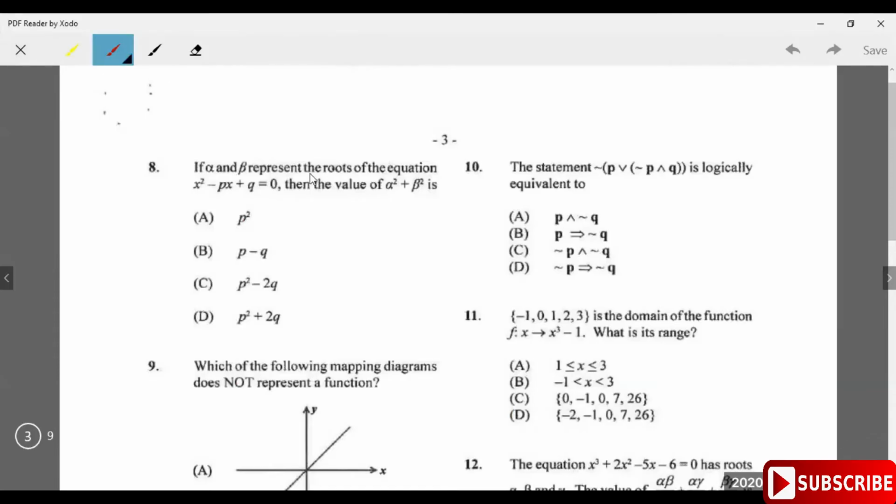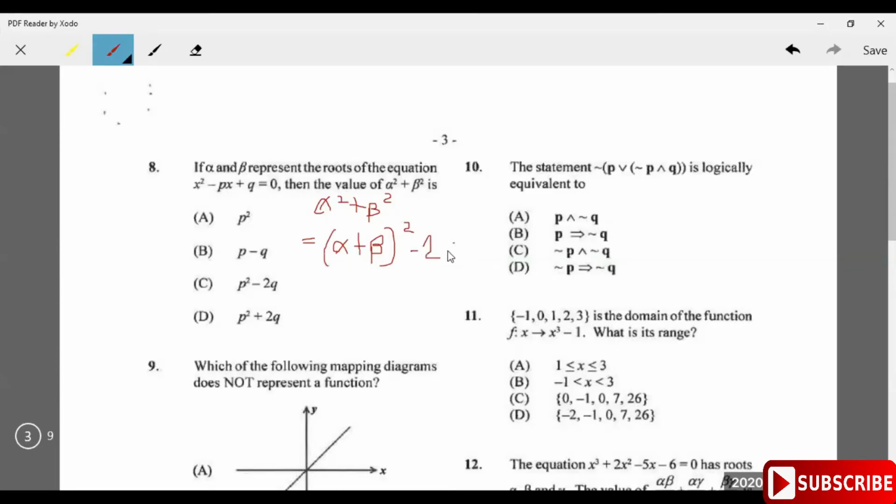Question 8. Question 8 says, alpha and beta are the roots of the quadratic, find the value of alpha squared plus beta squared. First and foremost, alpha squared plus beta squared is equal to alpha plus beta all squared minus 2 alpha beta.